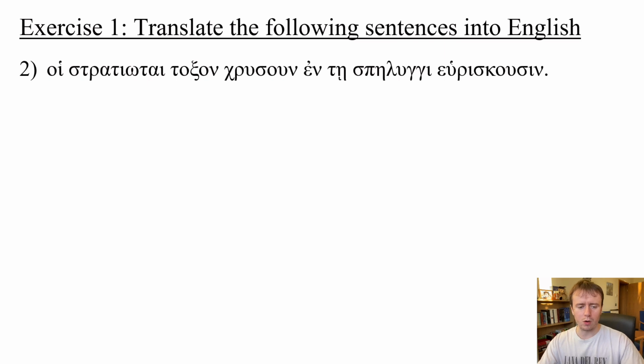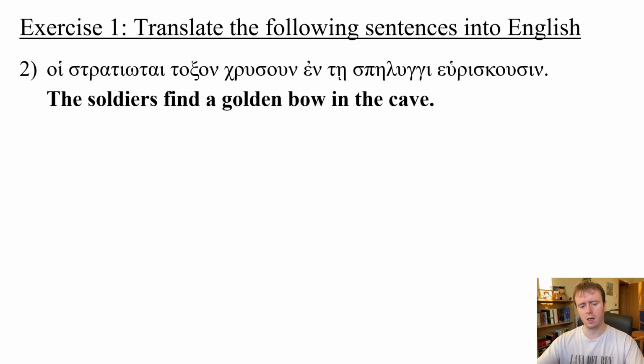Number 2 is hoi stratiotai toxon chrysoun en te spelungi heuriskousin, meaning the soldiers find a golden bow in the cave. We know that it means this because the soldiers are in the nominative plural, so they're doing the action. Then we have toxon chrysoun. Toxon means bow.